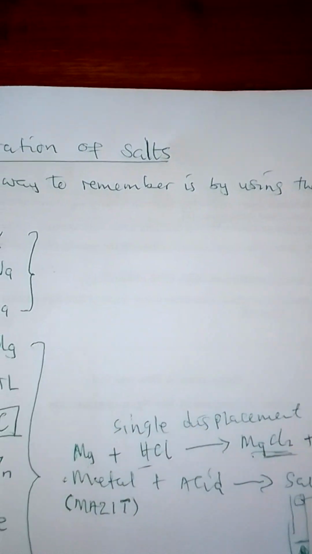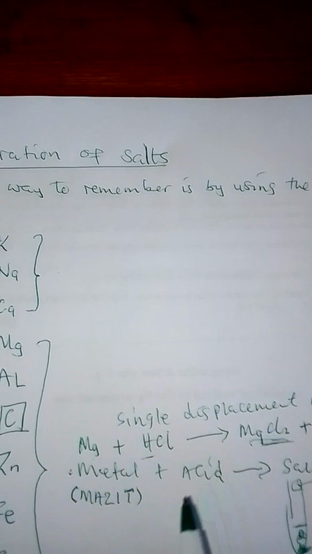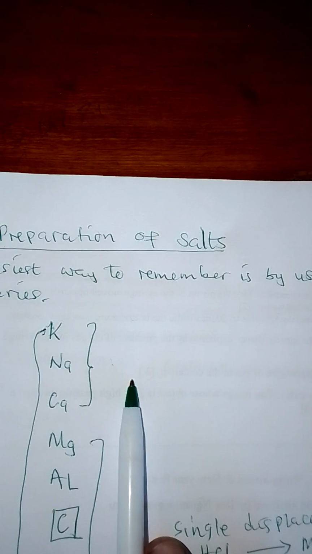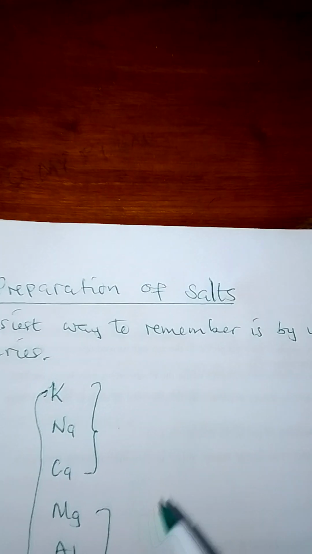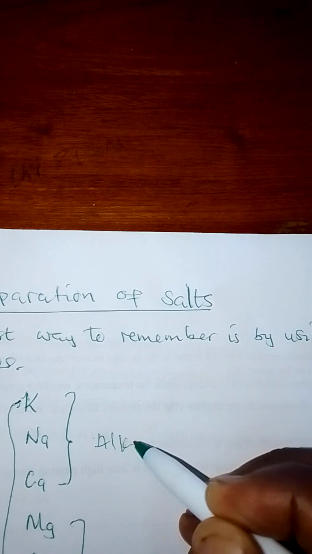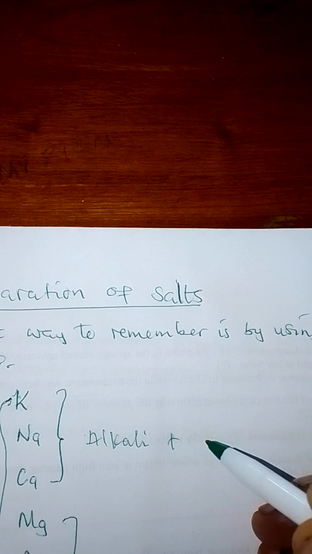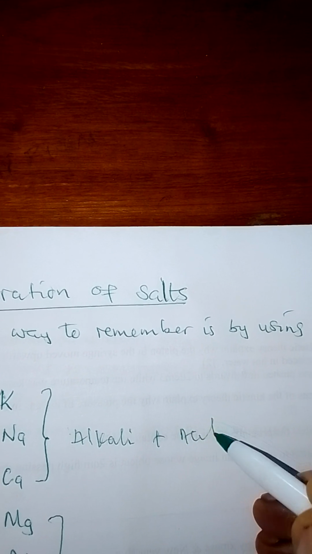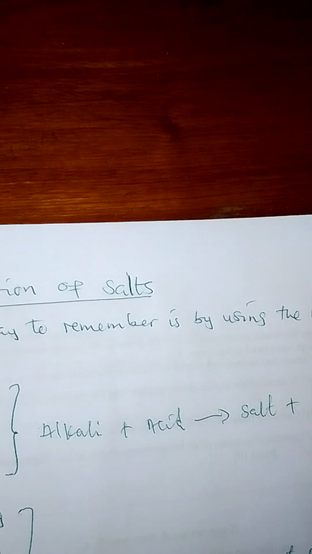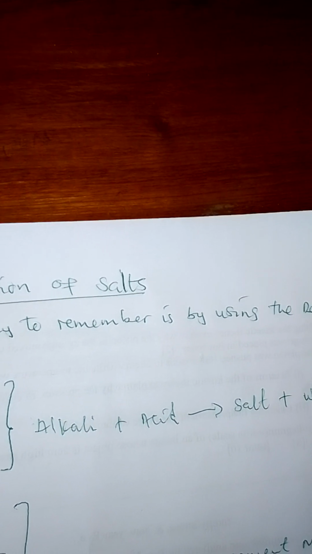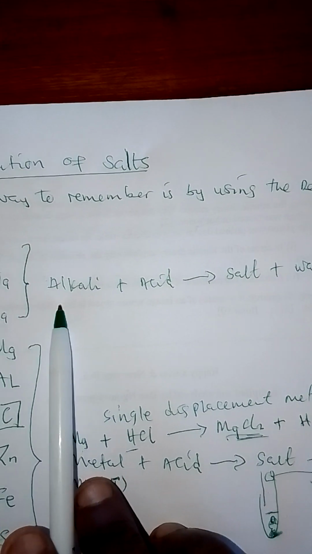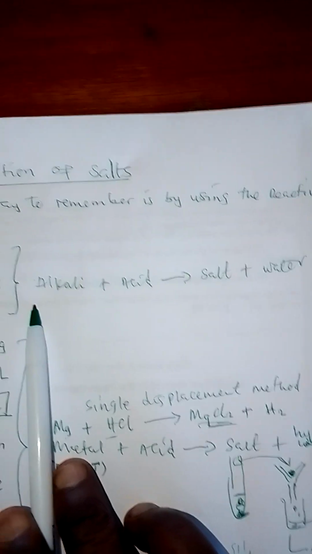So instead of using metal plus acid, we add them indirectly, by using their alkalis. So it will be an alkali plus an acid, and then it will give us salt plus water. As I told you, methods of preparing salts just follow those chemical properties of acids.